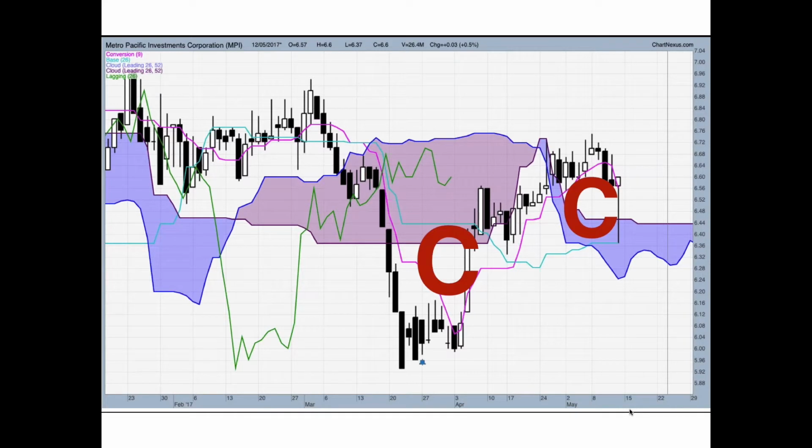Price just had to rally back in order to meet the Kijun-sen to restore equilibrium. This happened twice in the MPI chart. When prices rallied, the rally was overextended this time. The Tenkan-sen was very high above the Kijun-sen, and it had to correct to restore equilibrium. The target price, once again, is the Kijun-sen.